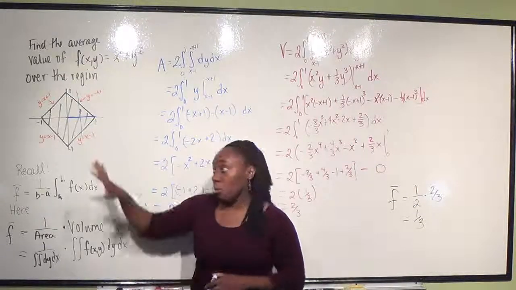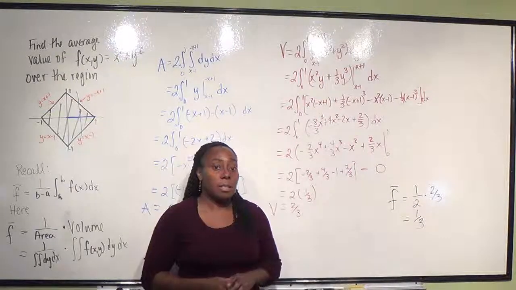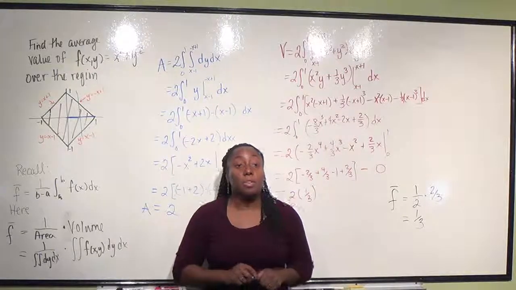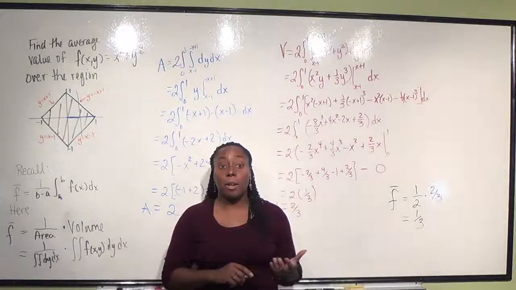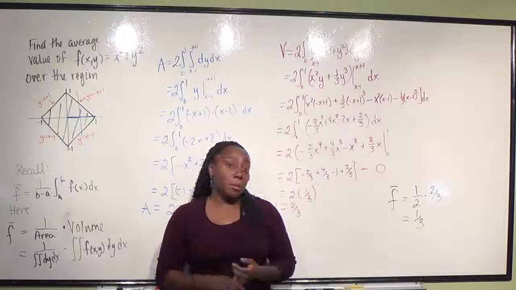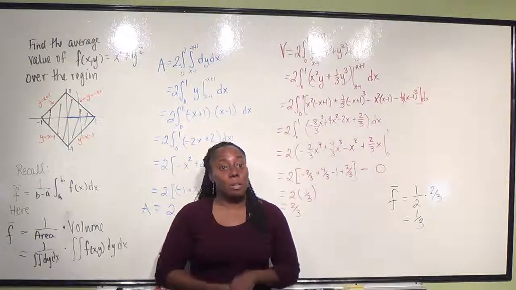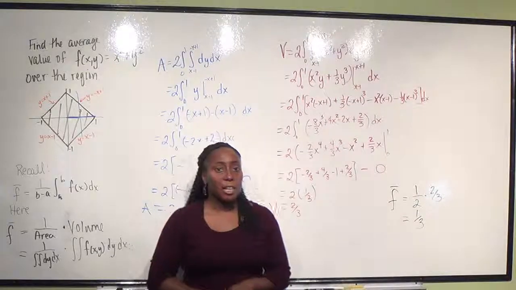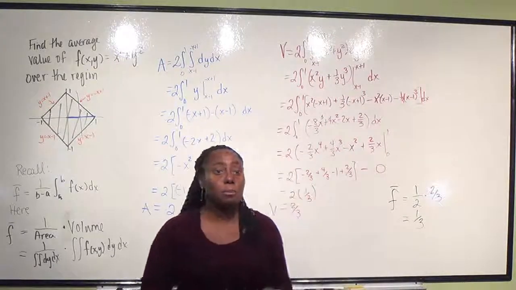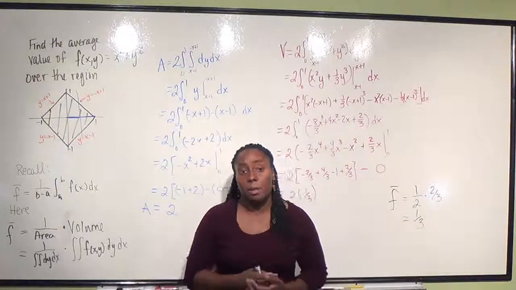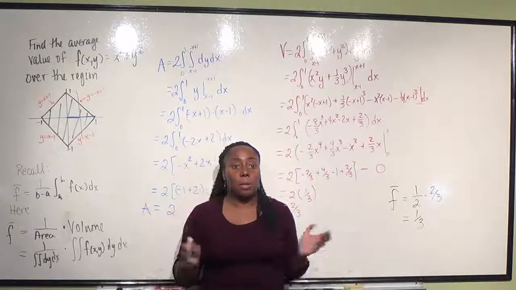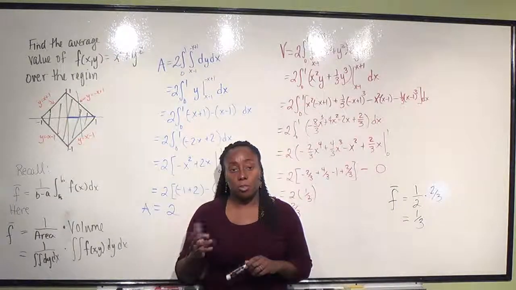So maybe I'll give you a region like this and say, give me a one variable integral that will give me the area. Part B would be something like, give me a two variable integral that will give me the area. Okay? You may not actually have to solve it, but you should be able to set those things up. And so you'll be asked to do a couple of those in your exam as well.